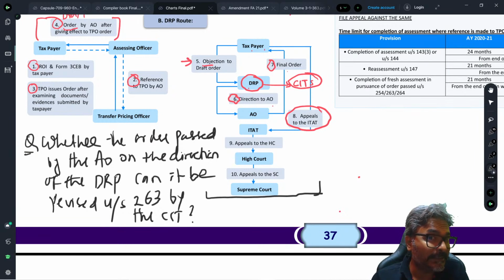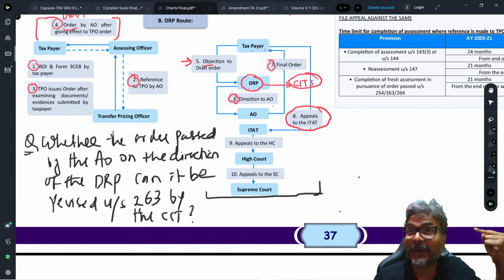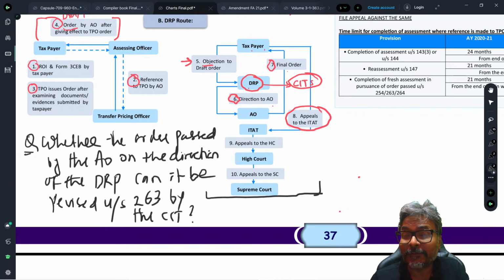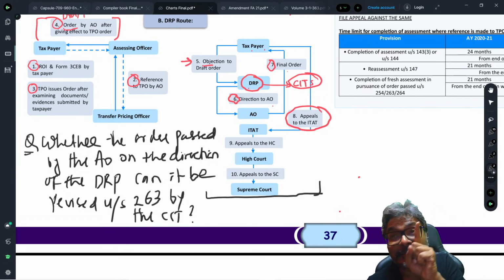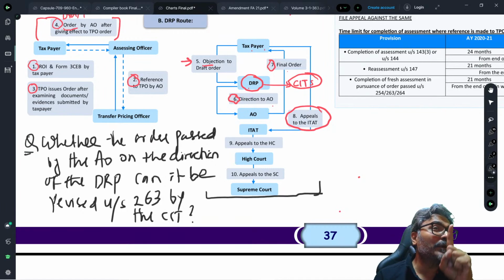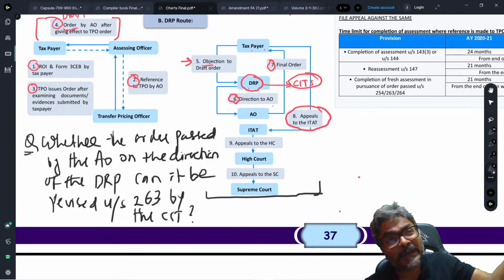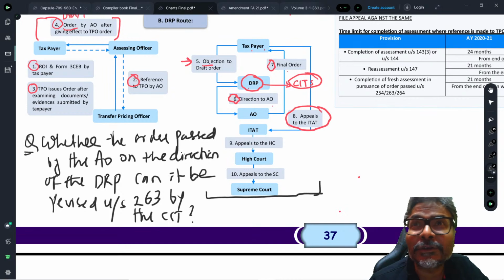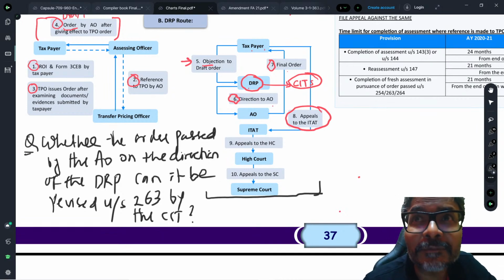The DRP direction on which the AO has passed the order, please be very careful, still remains the AO's order. And if it is the AO's order, the nature of the order is in substance that of the AO's order, then yes, the CIT can revise that order which the AO has passed on the basis of the direction of the DRP.